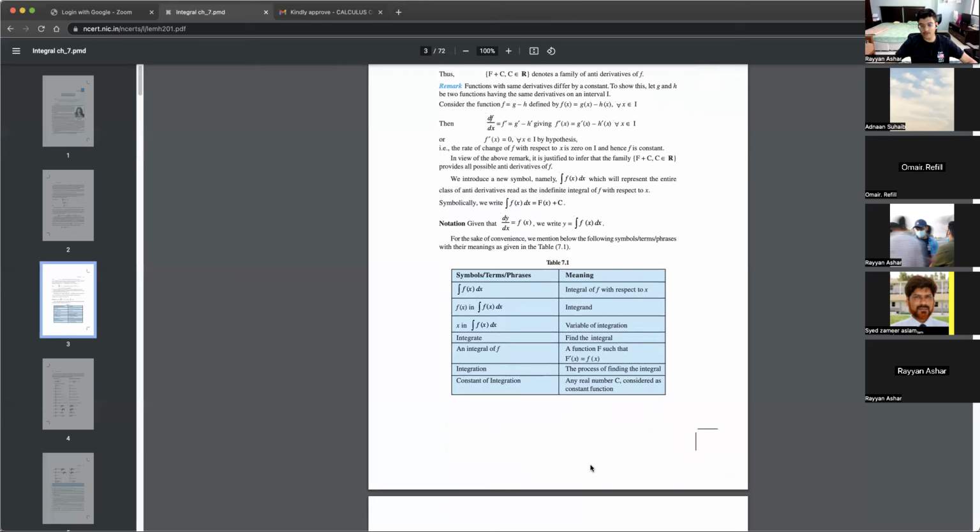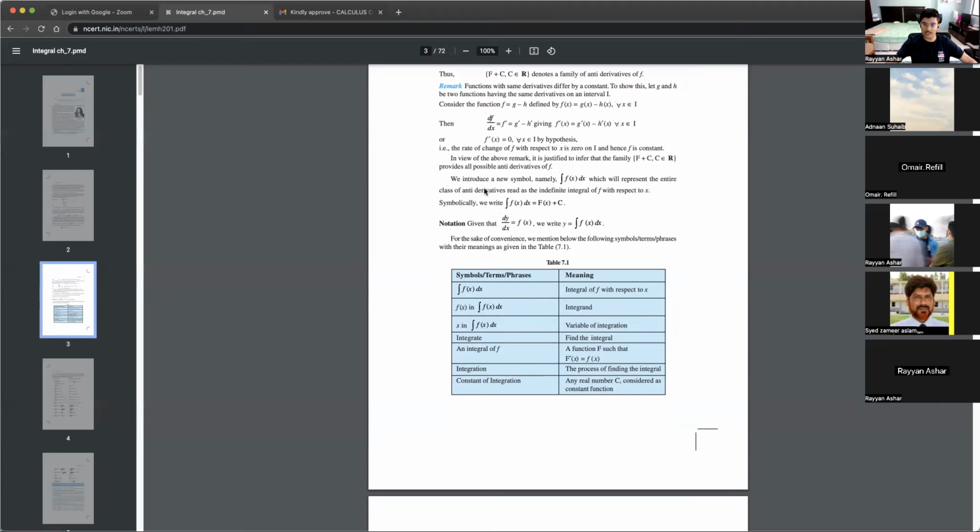Now, I want to touch on this a little more because it might be a little confusing. The reason we put the real number c, or constant of integration, is because integration, like we said, is the antiderivative of a function. As we saw, c does not affect the derivative of a function. So while we do integrate a function to find the antiderivative, or the primitive of that function, if we don't add a constant of integration, we do not take into account any constant values that were in the original function.